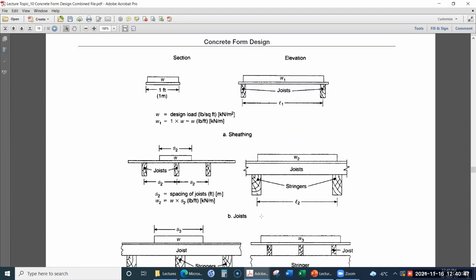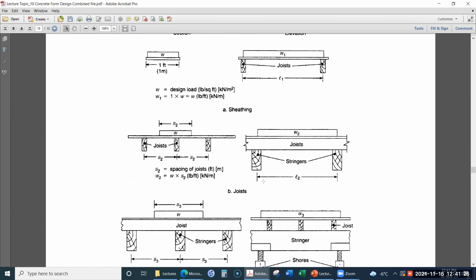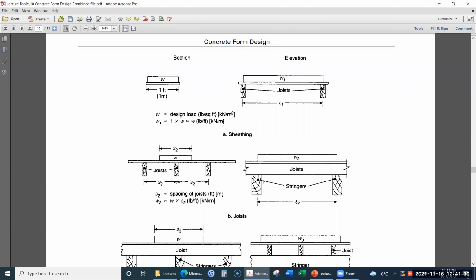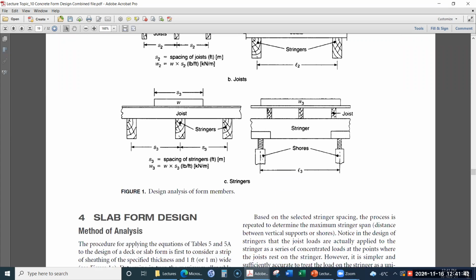If we are given a problem where we have available a certain type of sheath, maybe 1 inch or 25 millimeter thick, and a 50 by 200 millimeter section joist, a 100 by 200 millimeter stringer, or certain types of shores, then what we have to determine is the appropriate spacing between those joists, stringers, and shores.